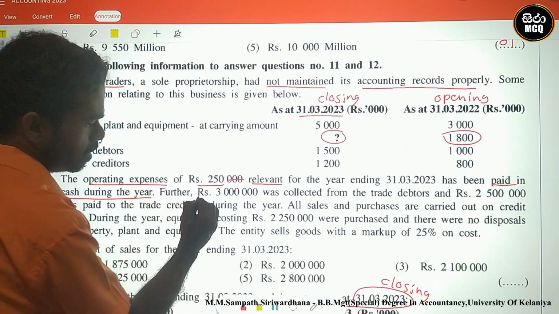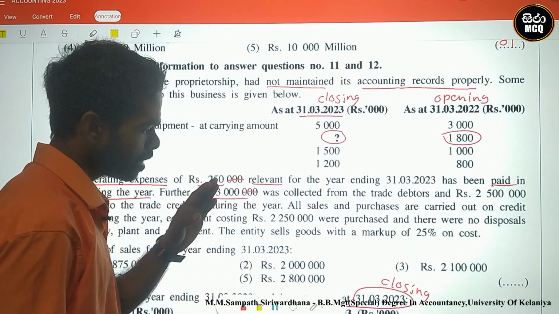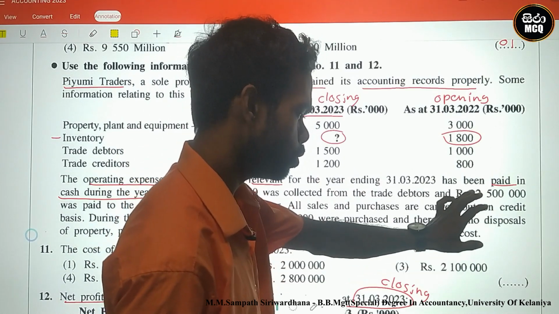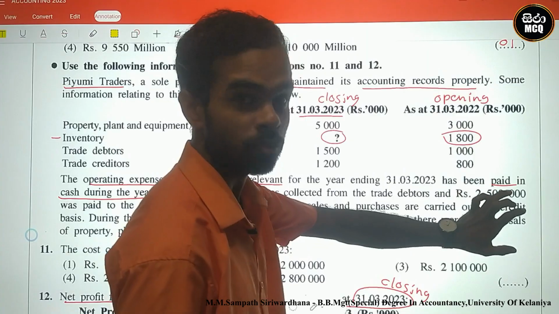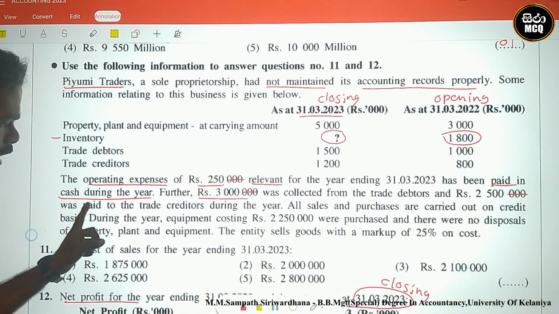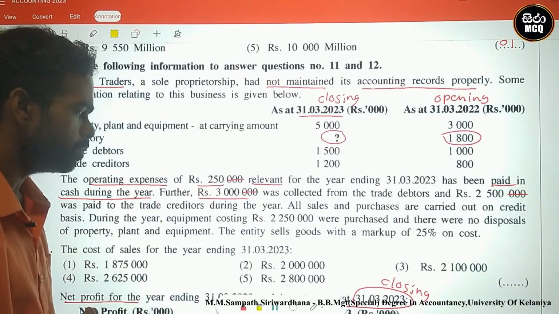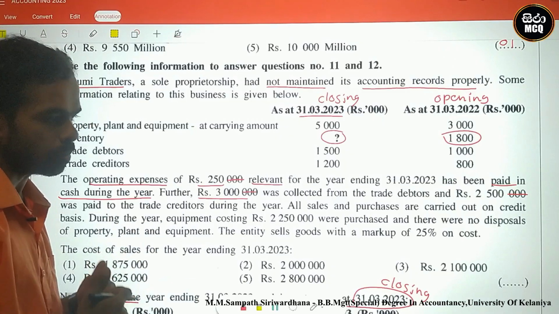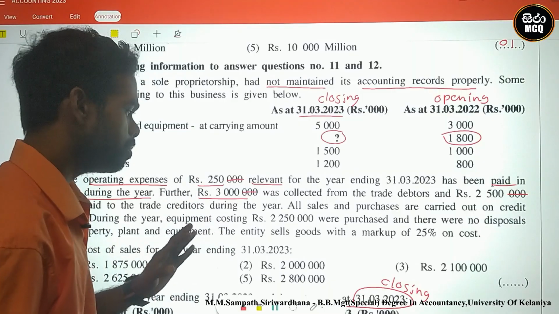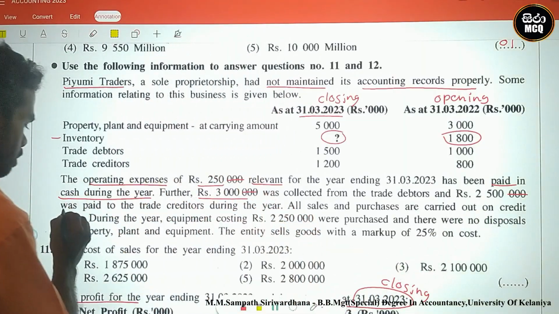Next one is further information. 3,000, that is 3 million, was collected from trade debtors and 2,500, meaning 2.5 million, was paid to trade creditors. This is not directly related to the income statement. This is the payment to suppliers and creditors, and trade debtors' collections. Next, all sales and purchases are carried out on credit basis.